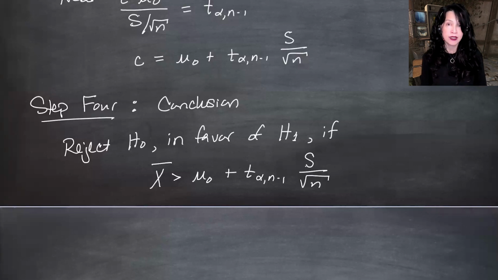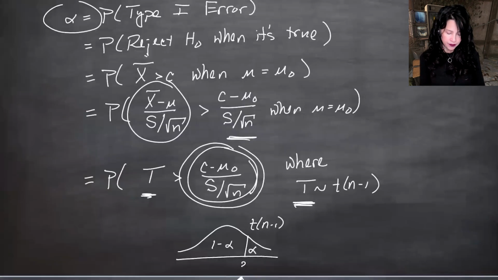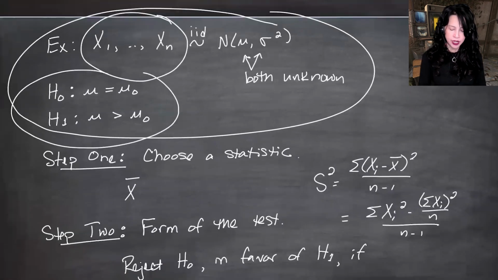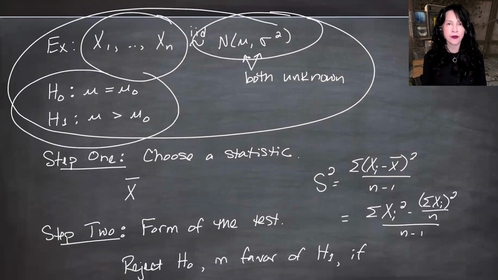And we're done. This is a test of size or level of significance alpha for this set of hypotheses for a normal distribution when both mu and sigma squared are unknown.